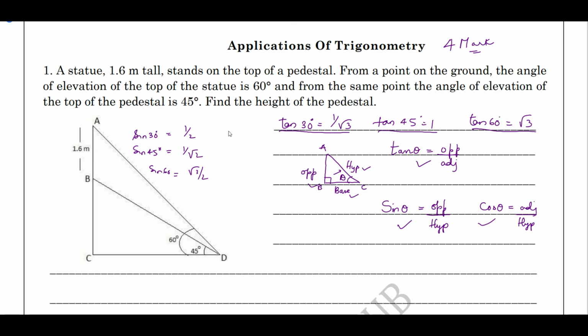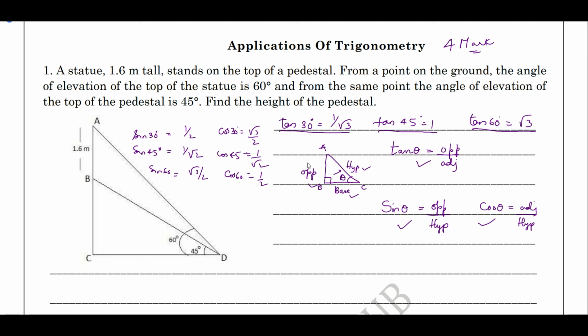In the same way, students, for most of the questions you will be using the tan ratio, but still you should know the sin and cos ratios. Cos 30 equals root 3 by 2, cos 45 is again 1 by root 2, cos 60 equals 1 by 2.